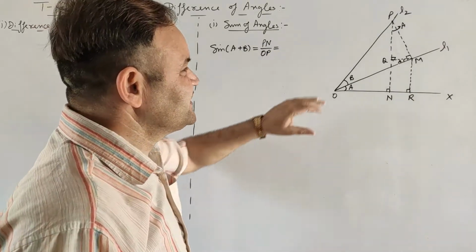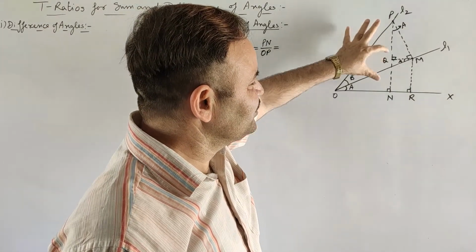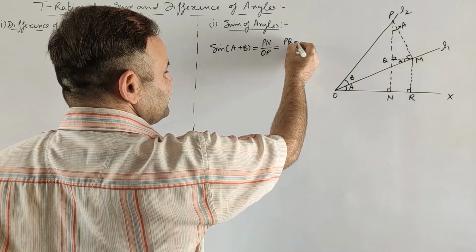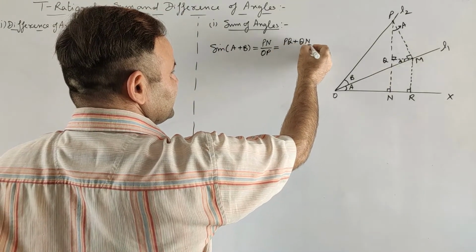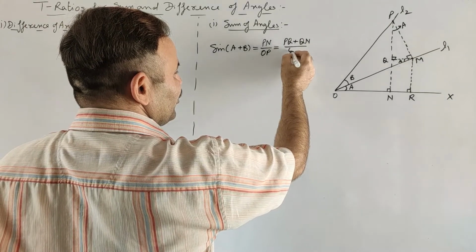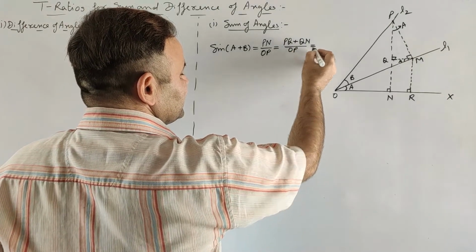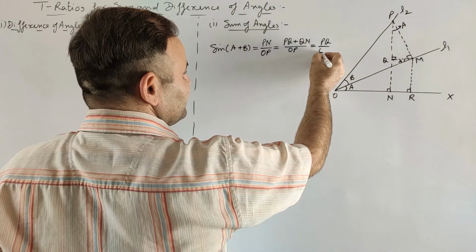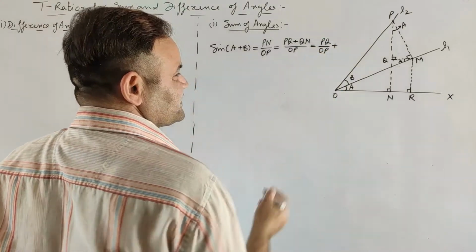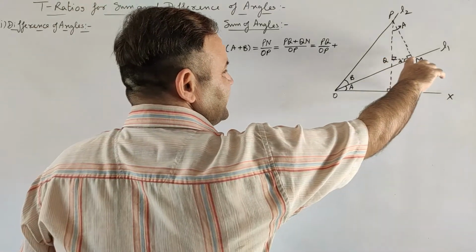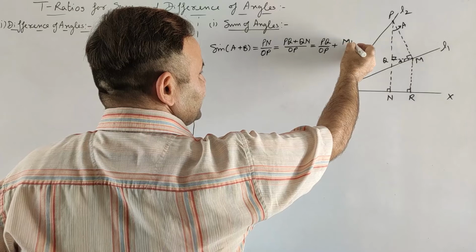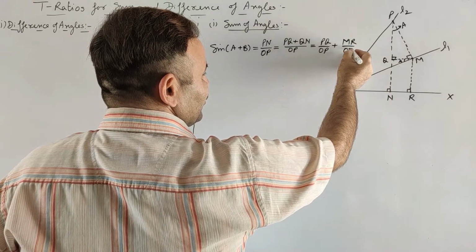Now this PN can be written as PQ plus QN, so it will be PQ plus QN upon OP, and now we can separate these two, PQ upon OP plus QN being equal to MR, it can be written as MR upon OP.